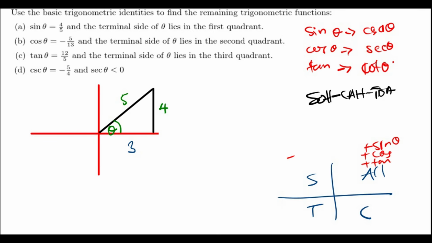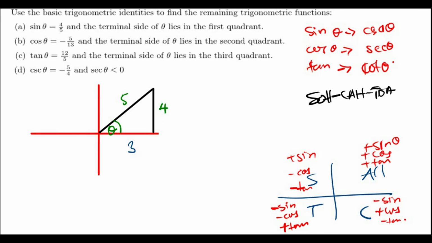In the second quadrant, sine is positive, cos is negative, and tan is negative. In the third quadrant, sine is negative, cos is negative, but tan is positive. Chamber C is cos, meaning that in the fourth quadrant sine is negative, cos is positive, and tan is negative. I'll leave it like this.